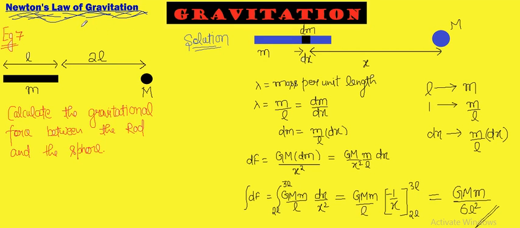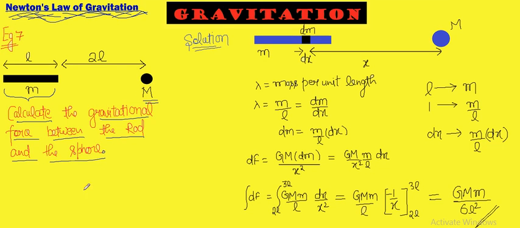Here, I am taking a small linear mass of length L and mass m, placed at a distance of 2L from a different mass, capital M. I am asking you to calculate the gravitational force between the rod of length L and mass m and the small sphere of mass M.